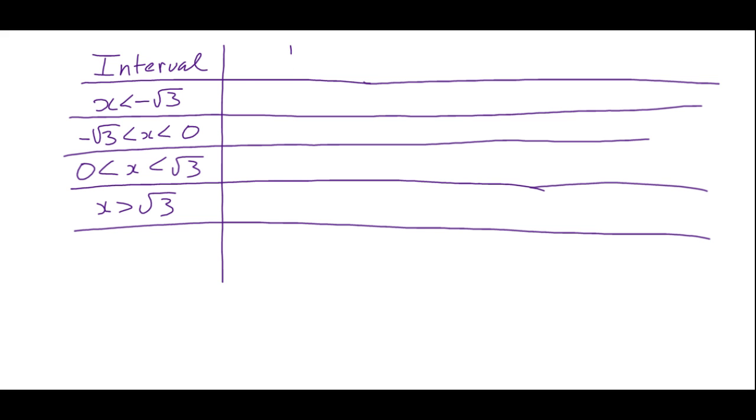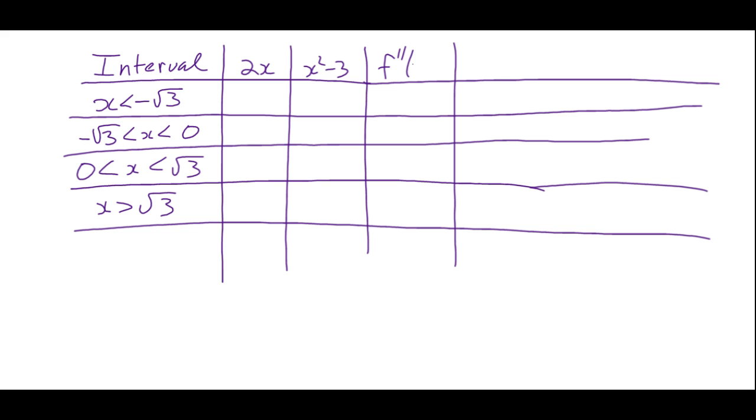Okay, and what do we got to look at? We're going to look at the factor 2x and the factor x squared minus 3. Those two factors together give me the second derivative, and that tells me information about the original function, f.